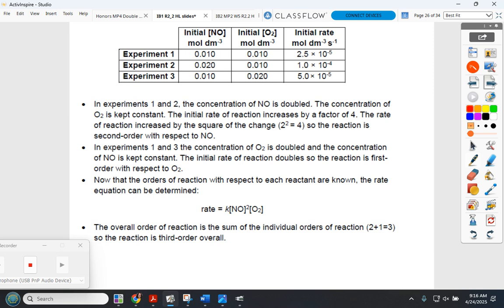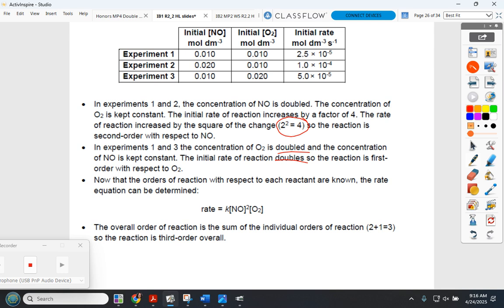So, sorry, I forgot that this was a fully done example. Because this is a square, that means that NO is second order. Okay. We double O2, then we double the reaction rate, so that's going to be first order. So we're doubling and doubling. That's first order.